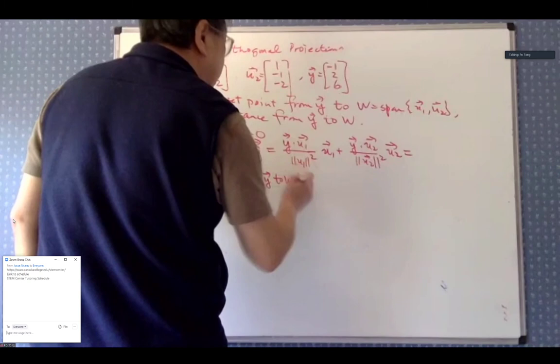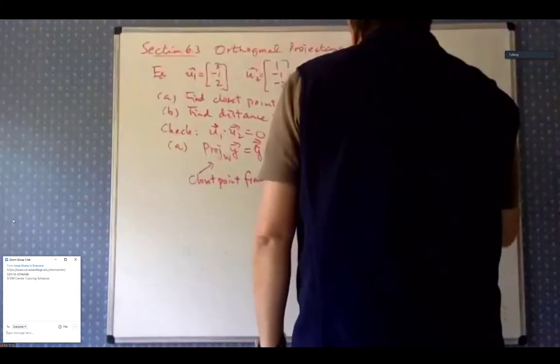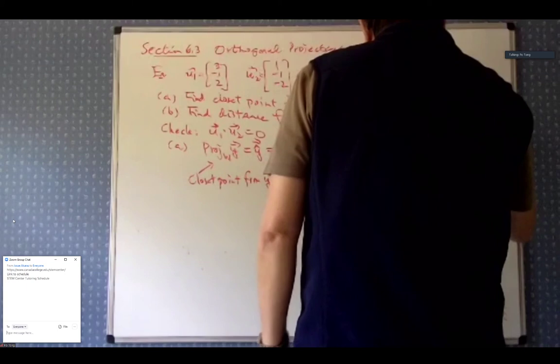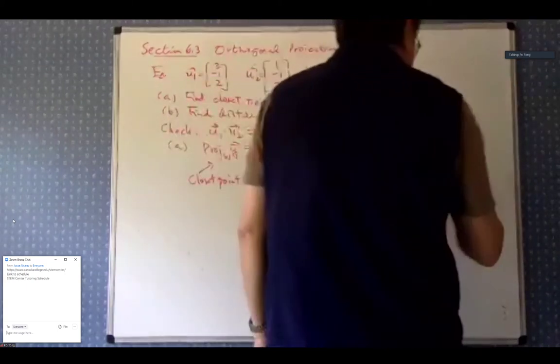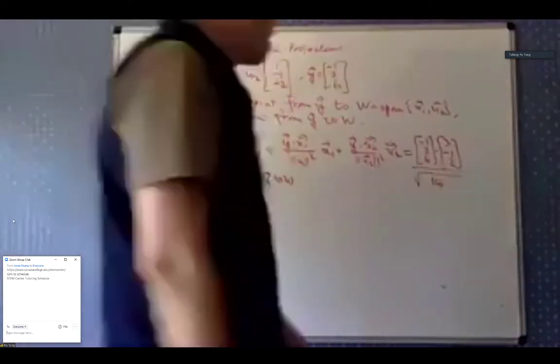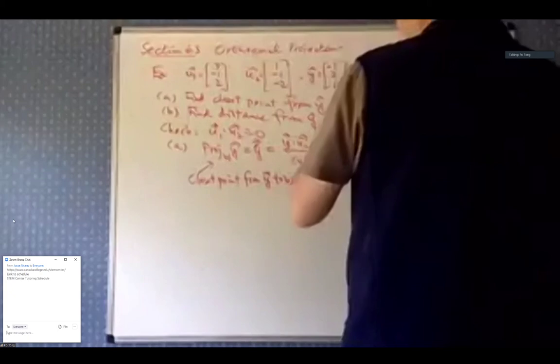Why don't we plug it in? Y dot this guy, dot 3, minus 1, 2, divided by 9, 10, 40. Is that right? Let me know if I make a mistake, okay? I'm just going to keep going.